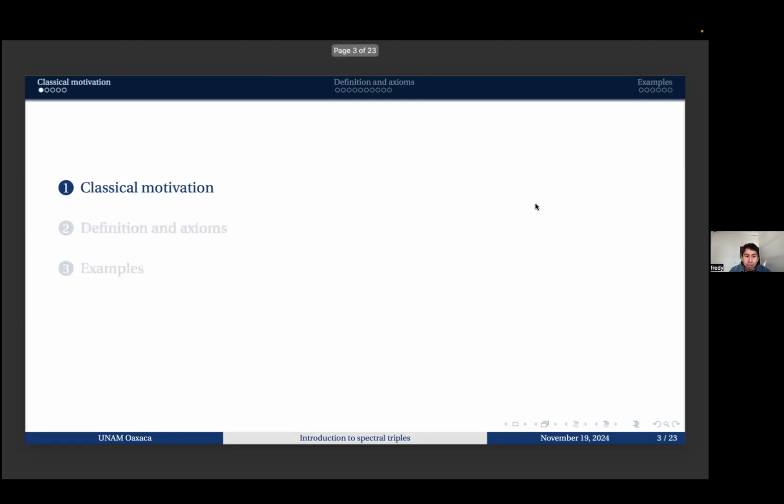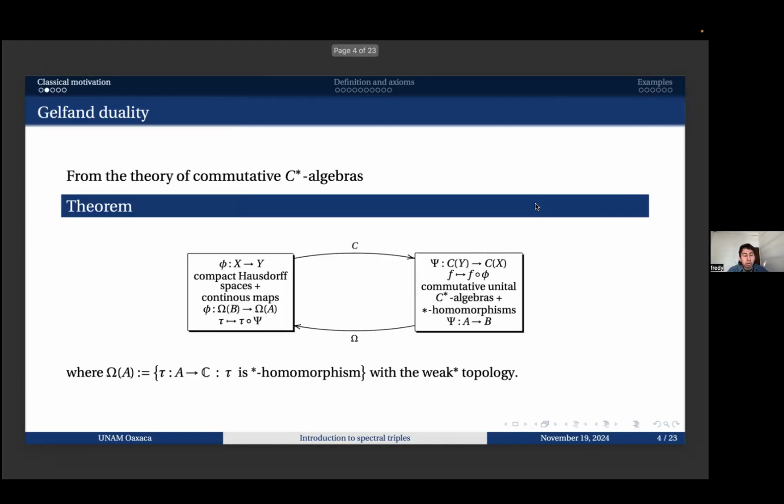So what is the big story about this philosophy of non-commutative geometry? This story begins with the Gelfand duality.